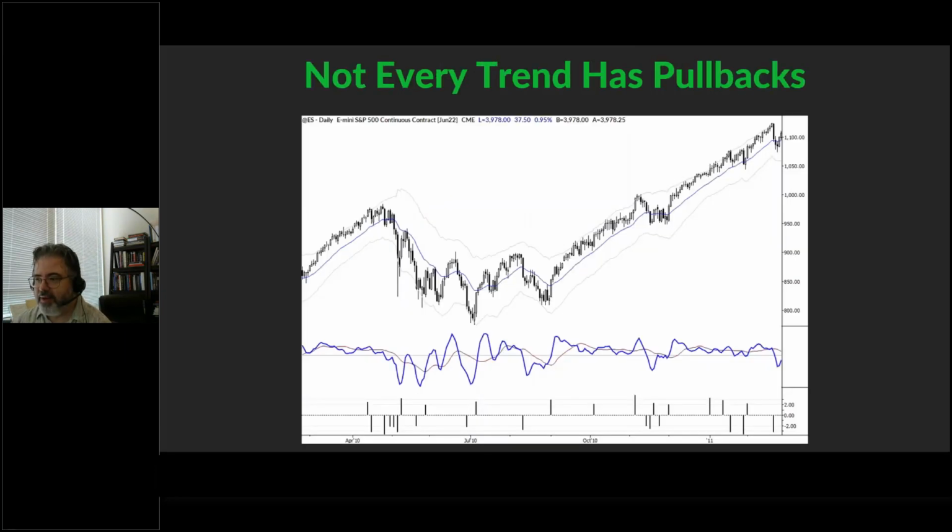One other thing I want to wrap up with is that nothing works all the time, and you will have sustained periods in markets where you don't have pullbacks, or where you don't have tradable pullbacks. That certainly happens. And here's where you really get in trouble.